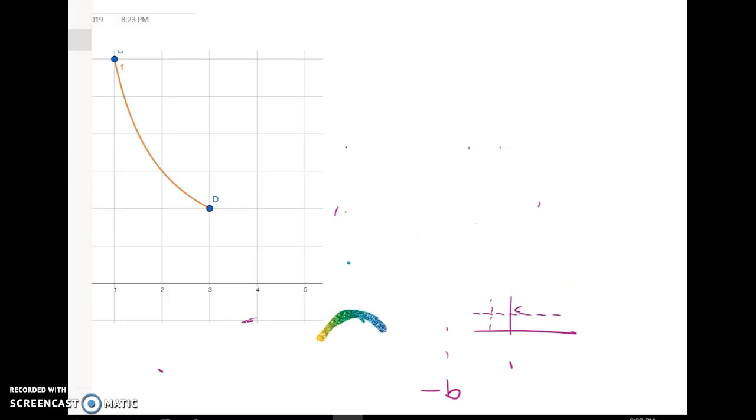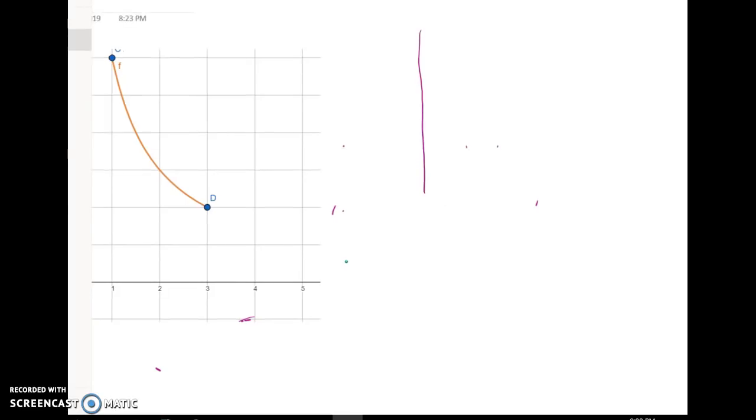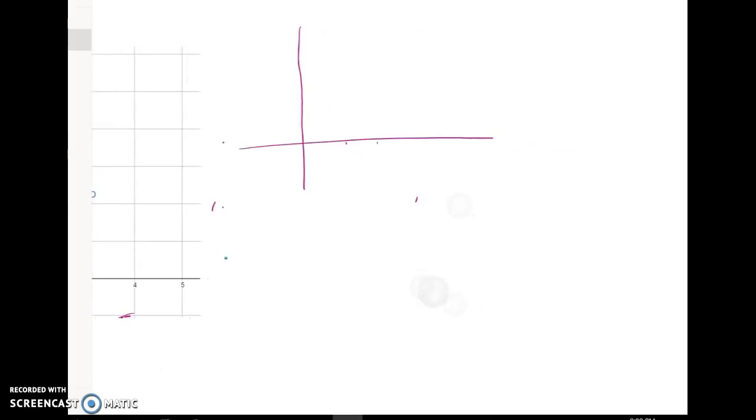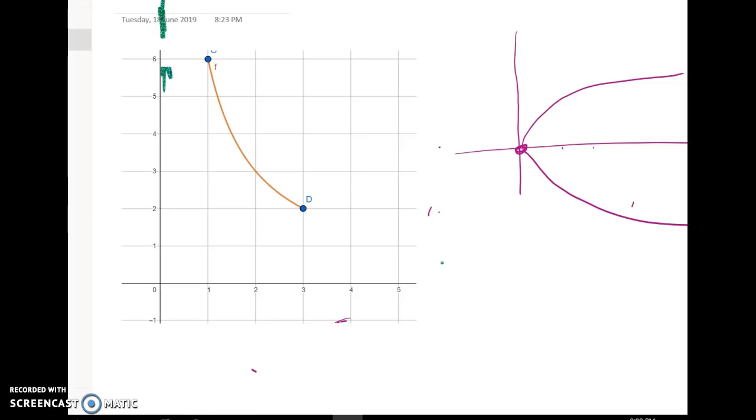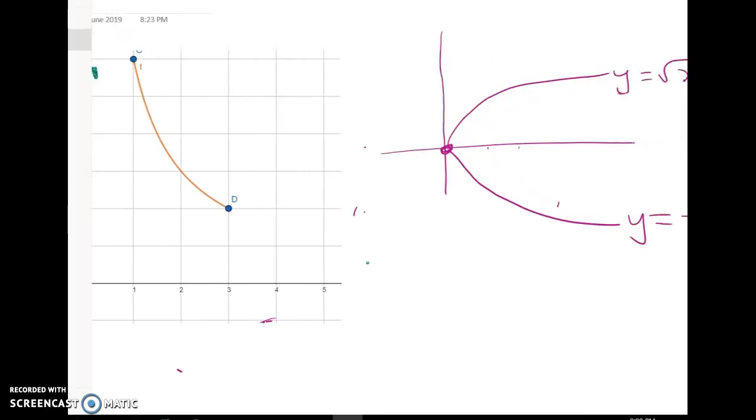So let's think about the basic form of a square root graph. Well, we start with our axes like this, and this is the graph of y equals root x. This graph here is more like what we want. This is y equals negative root x. So we've got something here which looks kind of steeper through here, and it's got a starting point at 1, 6.